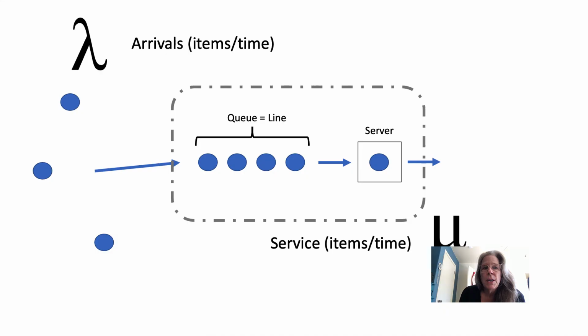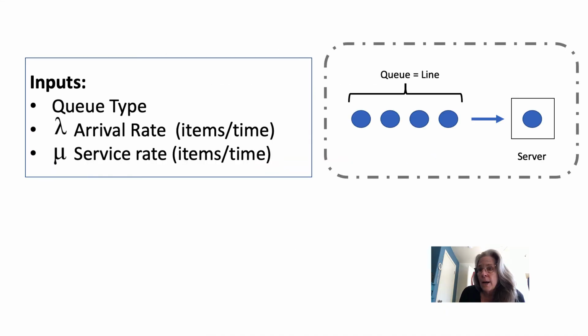So the input in a queuing system is the queuing type, which in this case is one line, one server, first in, first out. And then we also have an arrival rate and we have a service rate. And that's kind of all we need. And then through some really neat math that you will understand if you actually study this in depth, we can describe things about the system in pretty simple equations.